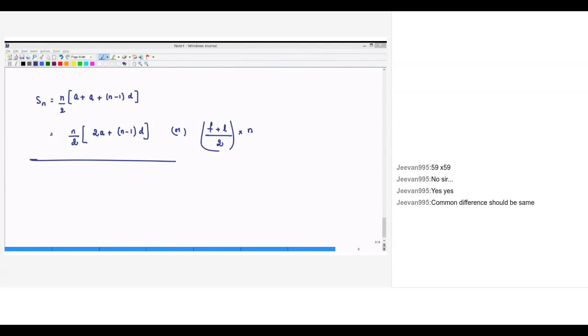Is this understood so far, all of you? If you understand this, if everything is clear, then say yes. If you have any doubt or if you want me to repeat anything, you can just tell me in the chat. Yeah. I want all of you to respond.